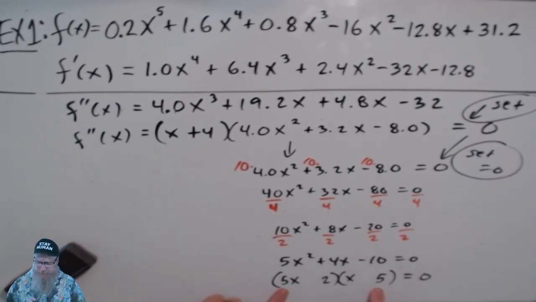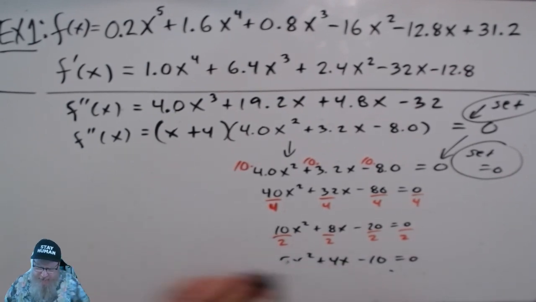Does that work? Nope. 5 times 2 is 10. 5x times x is 5x squared. Unfortunately, the middle term won't come out to be 4. So I don't think it's possible.